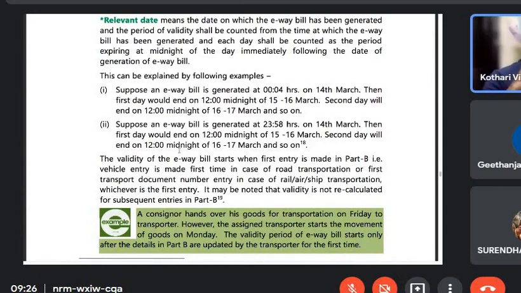I am generating an e-way bill. 1 day validity does not mean it is 24 hours. 1 day validity means till next midnight 12 o'clock the validity is there. Say 2 day validity means today is 2nd, then 2nd is there, 3rd is there, and on the 4th night 12 o'clock the validity will get over.